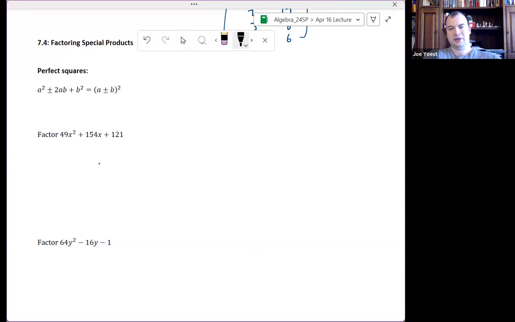But one thing I did notice when I was thinking through my couple of terms is that this first term is (7x)², and this last term is 11². So I noticed that two of my three terms are perfect squares.